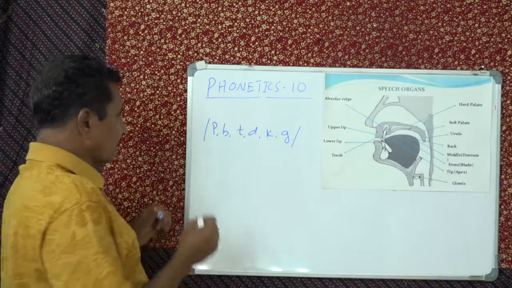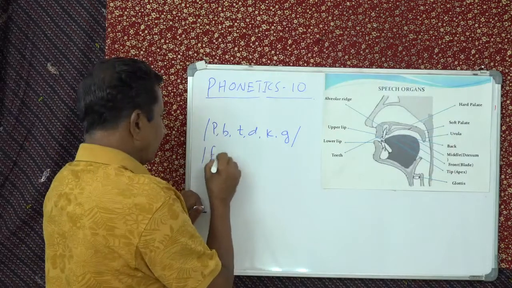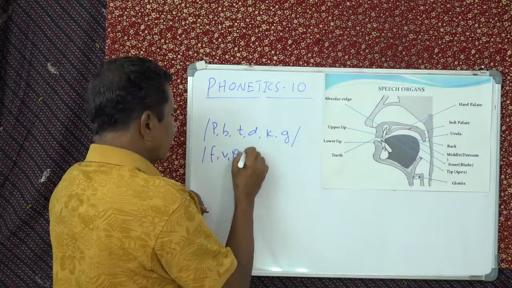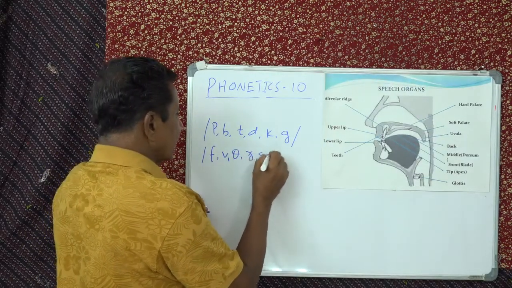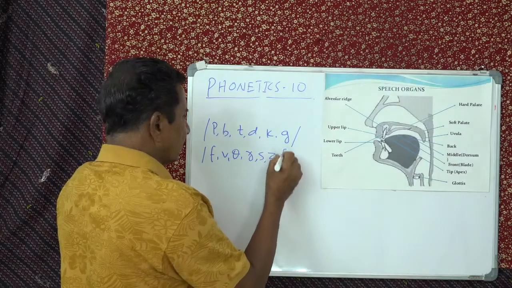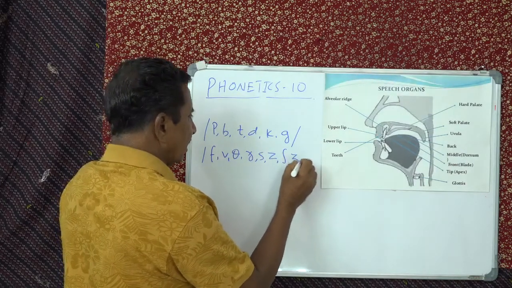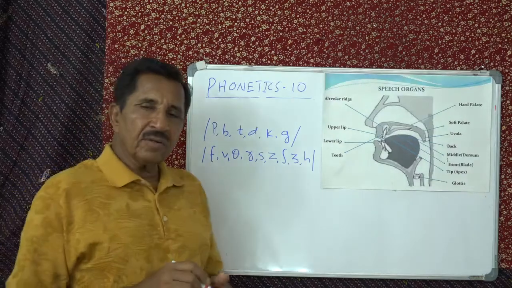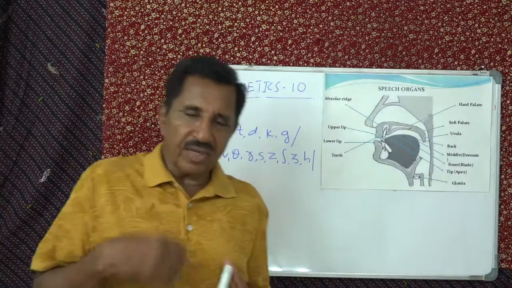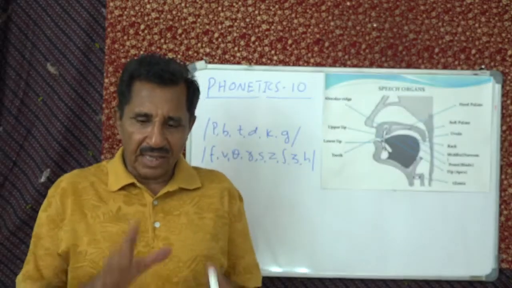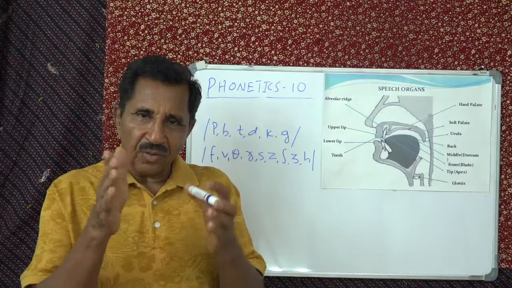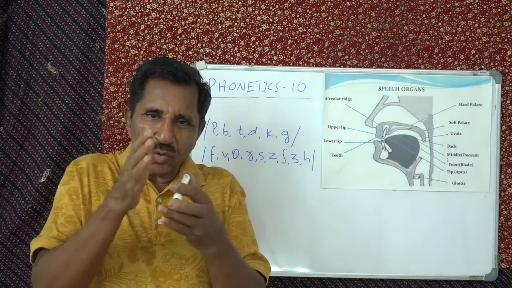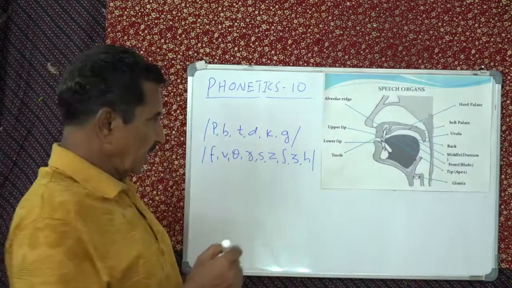And then we saw the next group, F, V, T, D, S, Z, Sh, J, and H. We say that these are fricatives because we hear a friction sound. When the air passage is narrowed, or what we call the other name is close approximation.